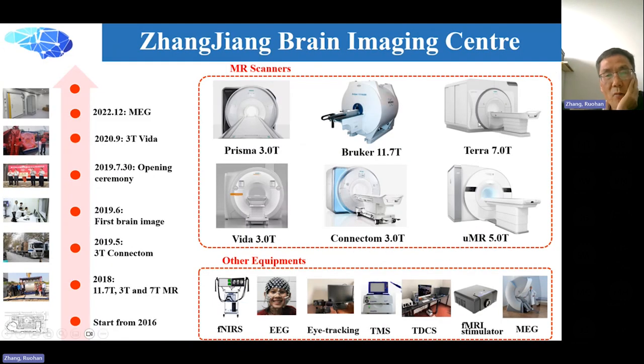These are the machines we currently have in our imaging center: a few 3T machines, an 11.7T, a 7T, a 5T and another 3T. Not only these machines, we also have machines to intervene and treat people's brain disorders, for example TMS.